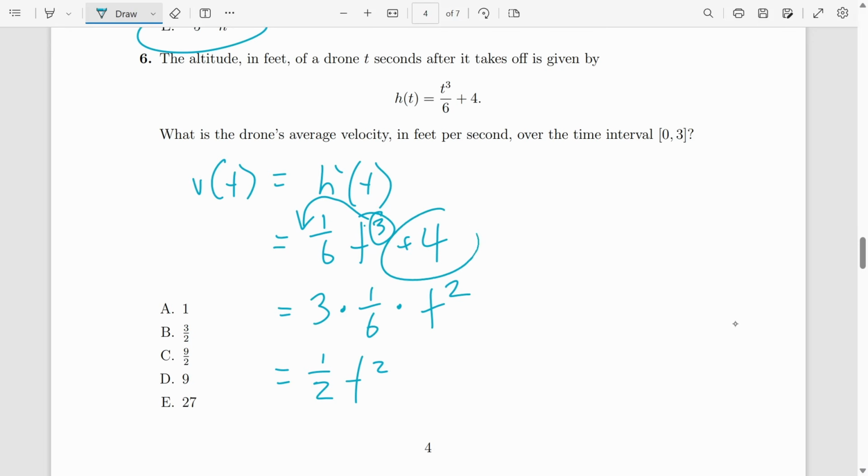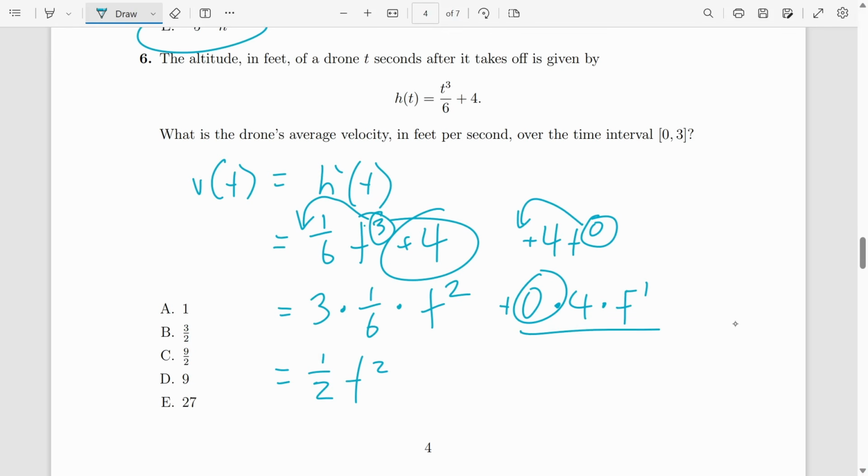Now what do we do with this plus 4? Imagine if this plus 4 had a t to the 0th after it. That's really the same thing, because t to the 0th is just 1 every single time, so it doesn't change it at all. So what happens if we do that exponent trick? Well, this 0 gets put out front, so this is now plus 0 times 4 times t to the, well, it could be anything, it would be negative 1, but we've got this 0 here, and that 0 is going to make that entire term 0.